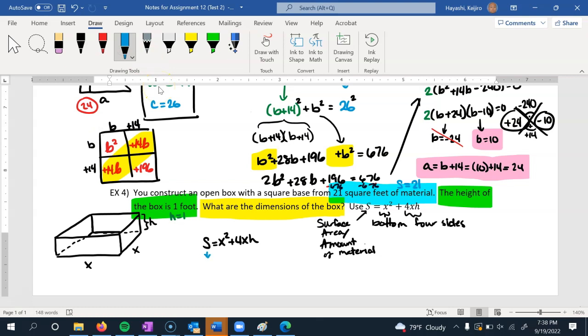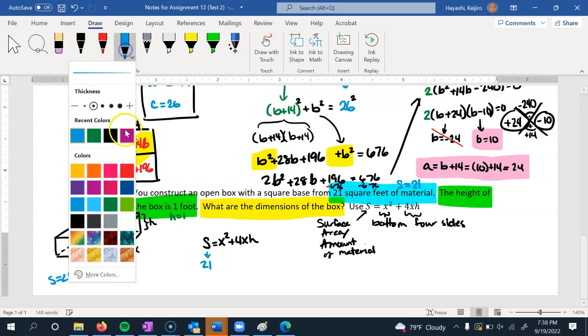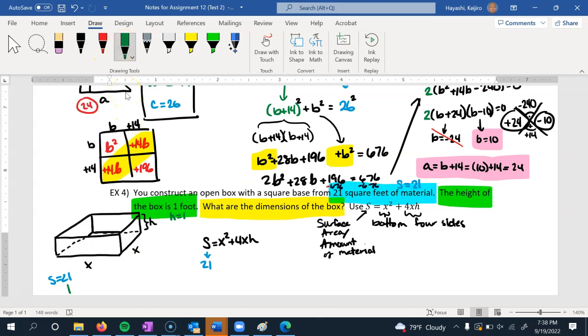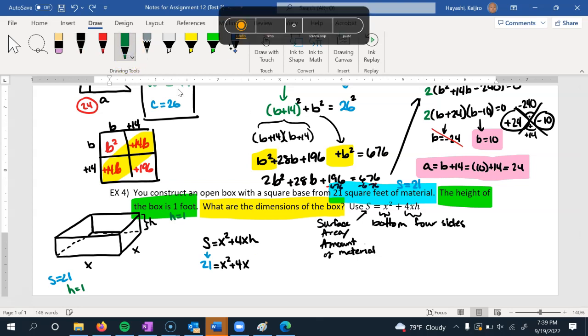Is there any other way to write what S is? Yeah, that's 21. And let me write the equations off to the side. S equals 21 and h equals 1. Okay, so 21 equals x squared plus 4 times x, no other way to write that. Is there another way to write h? Yeah, the height was given to us, it's 1.